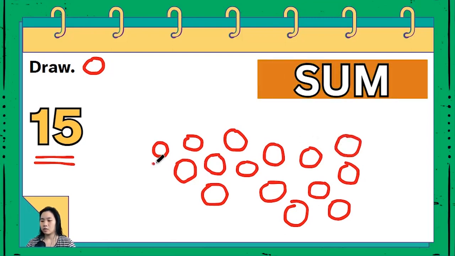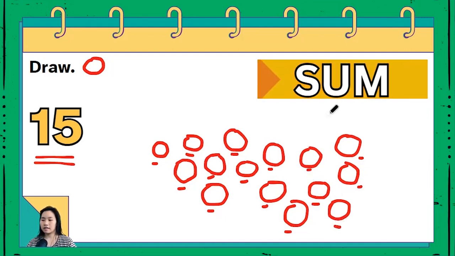Let's double check. 1, 2, 3, 4, 5, 6, 7, 8, 9, 10, 11, 12, 13, 14, 15.